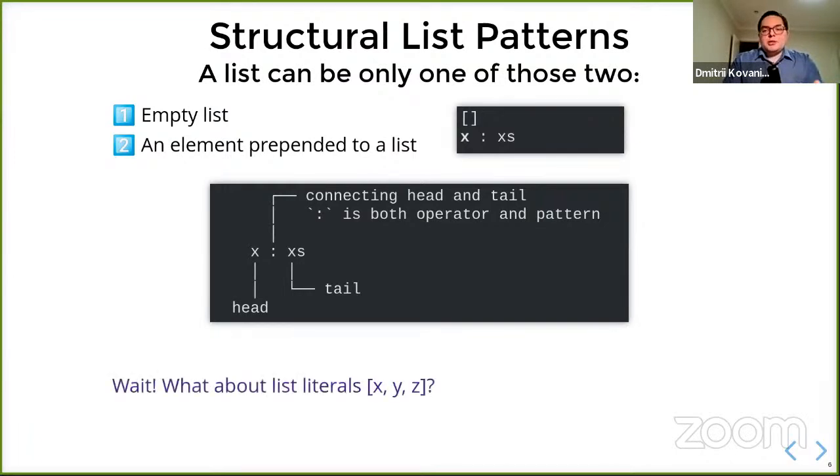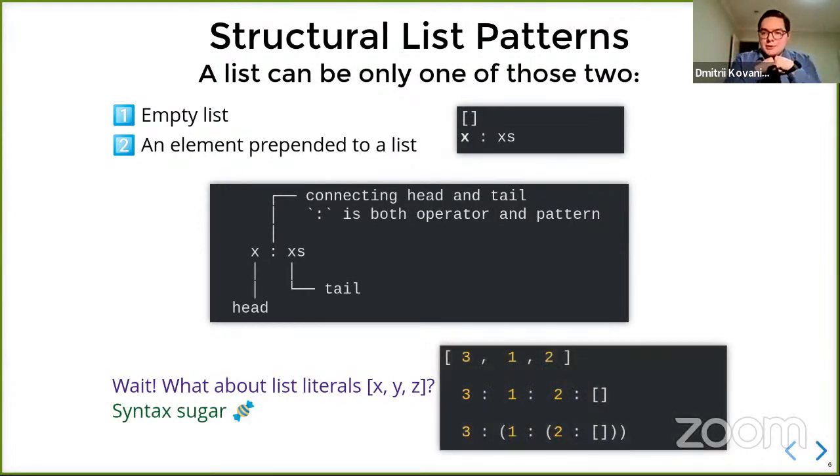We can use it, but you might say, wait a minute, previously we constructed lists with square brackets. We put elements between the commas. And now you're telling us that the only way to construct this is by prepending elements. How does it work? Well, it works because this syntax of list literals between square brackets is just syntax sugar for prepending elements in the beginning of the list.